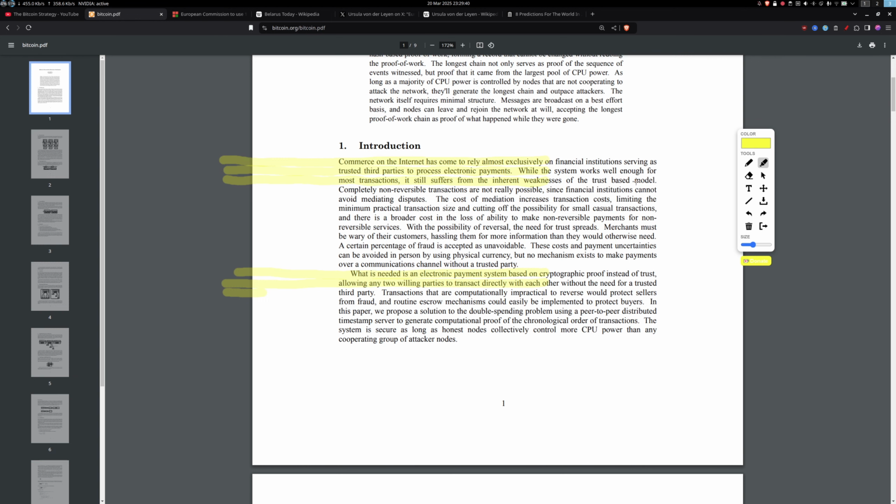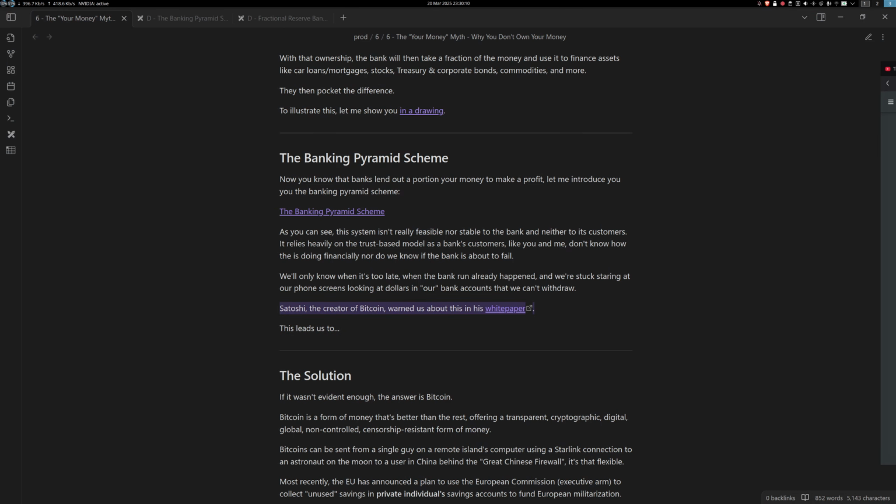So what that means is you basically have to trust your bank. You have to trust Visa to act ethically, to not botch anything or have some type of system glitch that may negatively affect you. What is needed is an electronic payment system based on cryptography, like Bitcoin, that can't be controlled or altered by anyone, and you don't have to trust a third party, as he mentioned in that first paragraph.